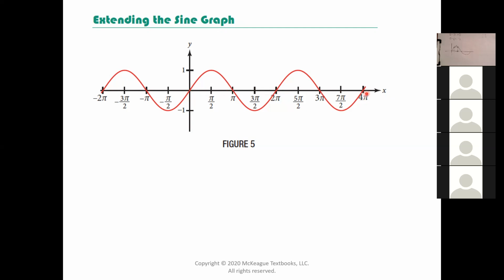How many times around did we go? 2. Two complete times around the unit circle. Do you agree? And so you can see that the graph of y equals sine x will just keep repeating itself as you go around the unit circle, putting input values into the function.